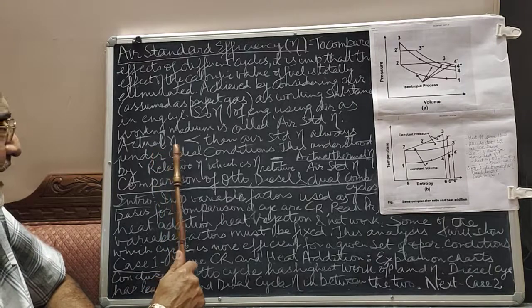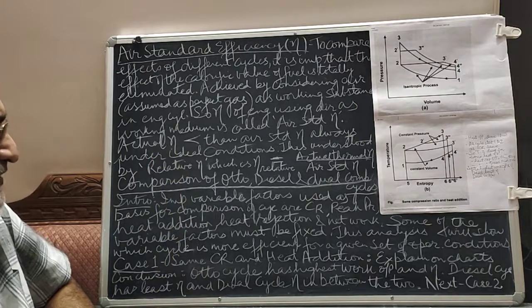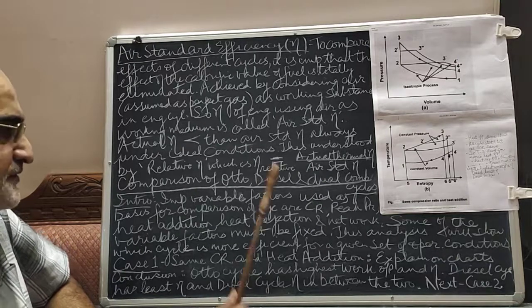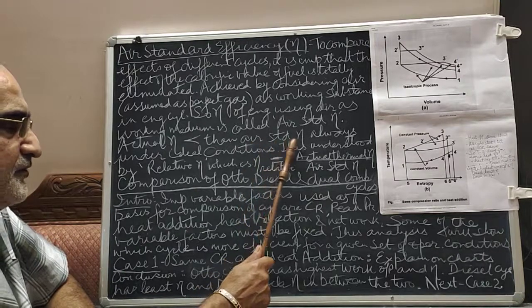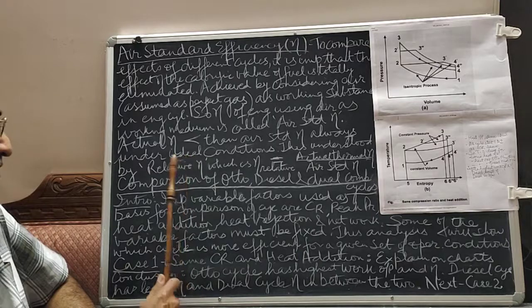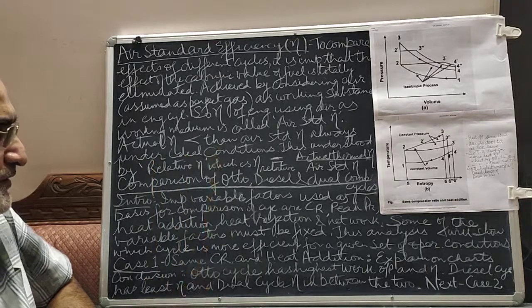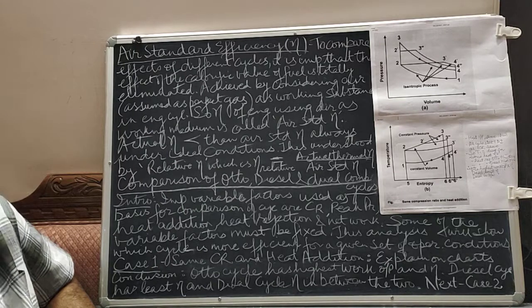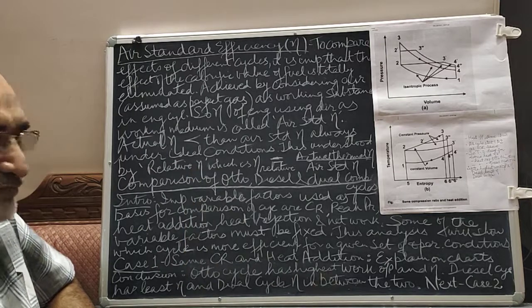Must remember that the actual efficiency of any engine will always be less than the air standard efficiency. So this is the theoretical standard, near perfect efficiency under ideal conditions. This can be understood by the term relative efficiency.